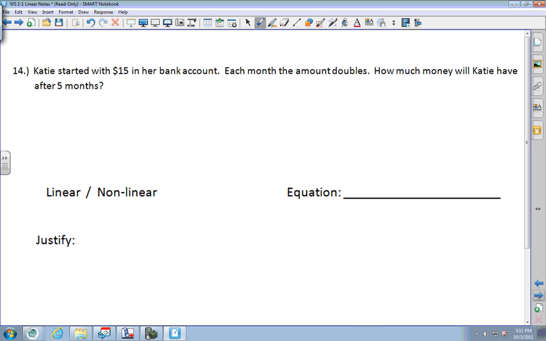The next one. Katie starts with $15 in her bank account, and each month it doubles. How much money does Katie have after 5 months? Okay, so right here, we're talking about money in the bank, and this is going to be the number of months.